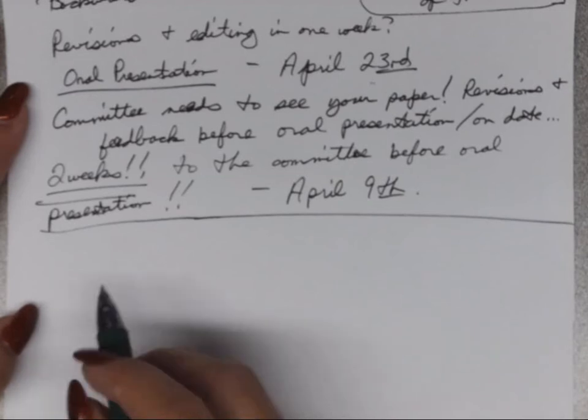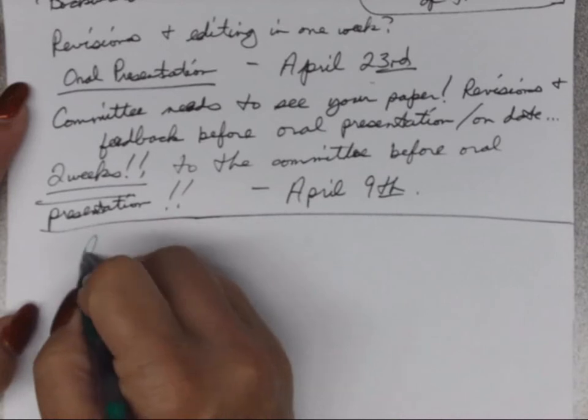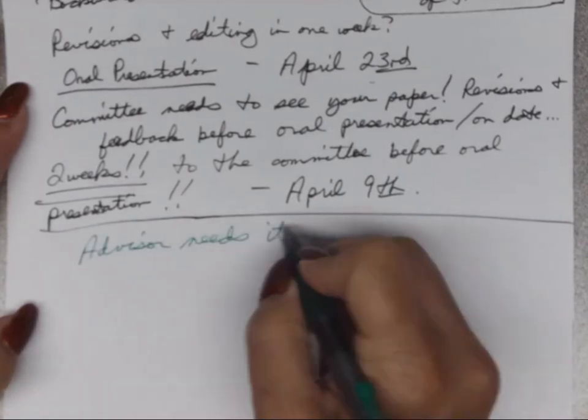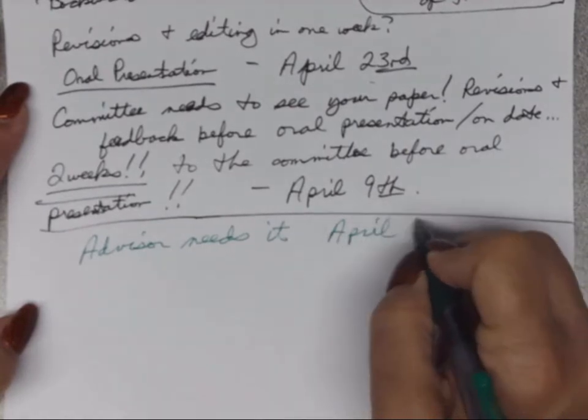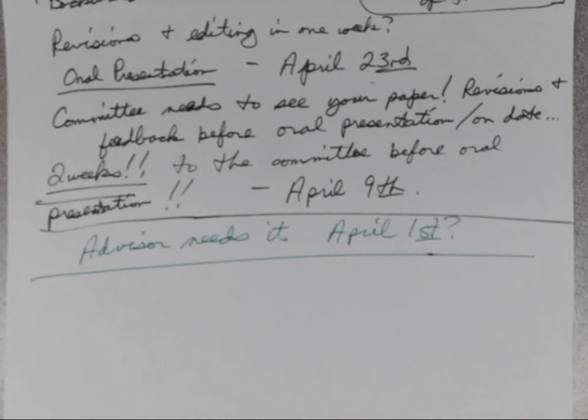So April 9th is great, but maybe your advisor needs it April 1st. And some advisors want, that's just 8 days, right? Some advisors may actually say, I need it 2 weeks before you give it to the committee.